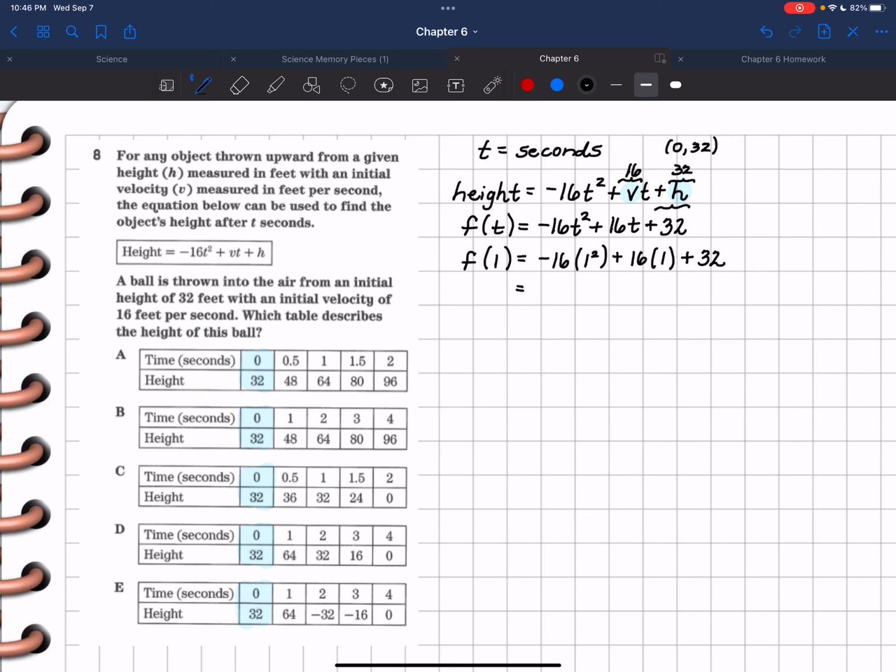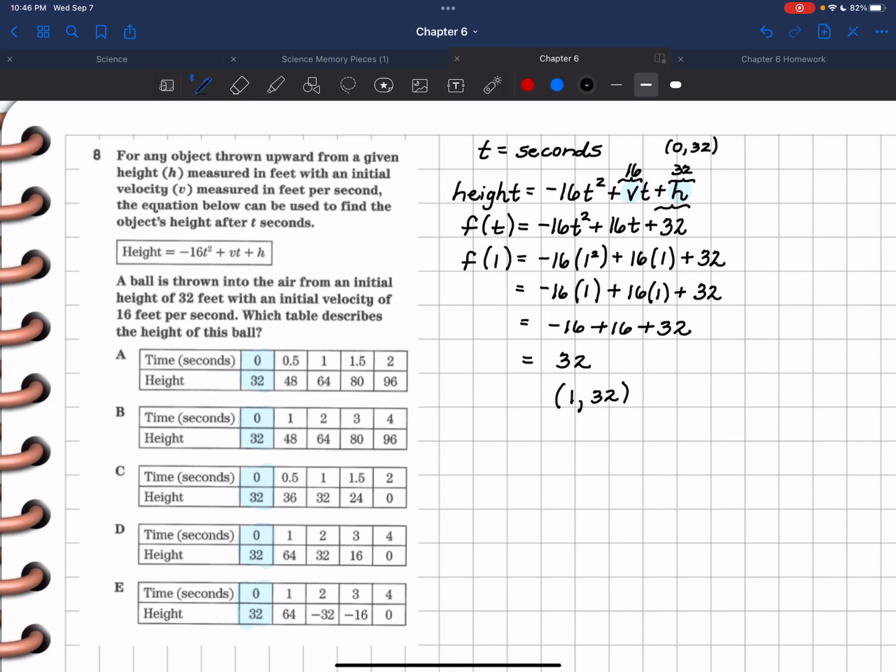So we have negative 16 times 1 plus positive 16 times 1, not plus 1, and then we'll add 32. So we have negative 16, positive 16, positive 32. So this comes down to be 32. So at 1 second, the height is 32 feet.